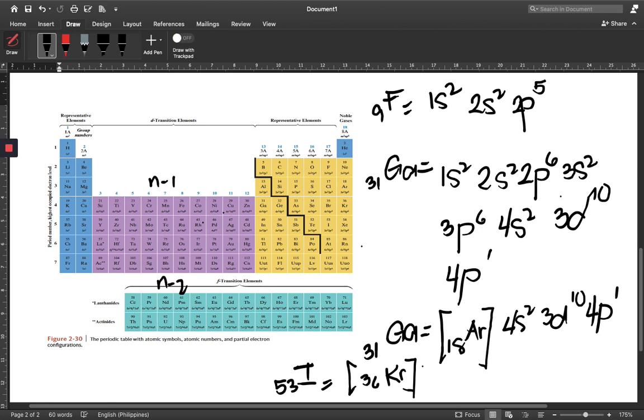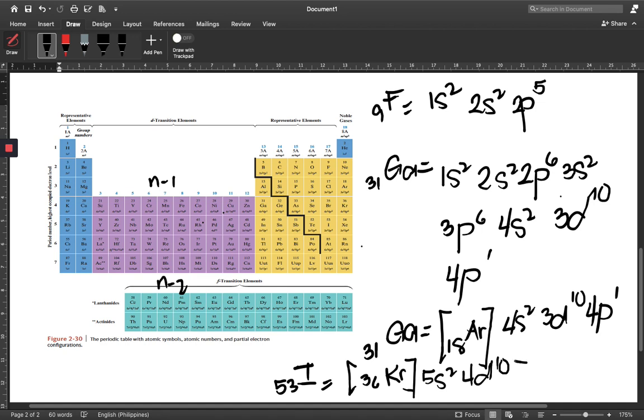This is 5s2. After 5s2 is again 4d10. After 4d10 is what?